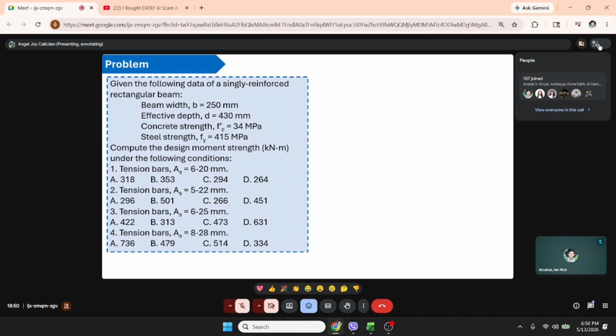We have to compute the design moment strength in kilonewton meter under the following conditions. So, for the first part, given ang As, ang tension bars daw kay 6 ka 20 mm.